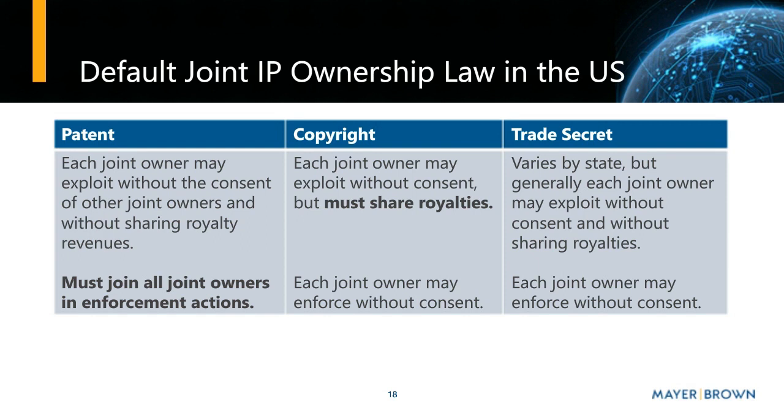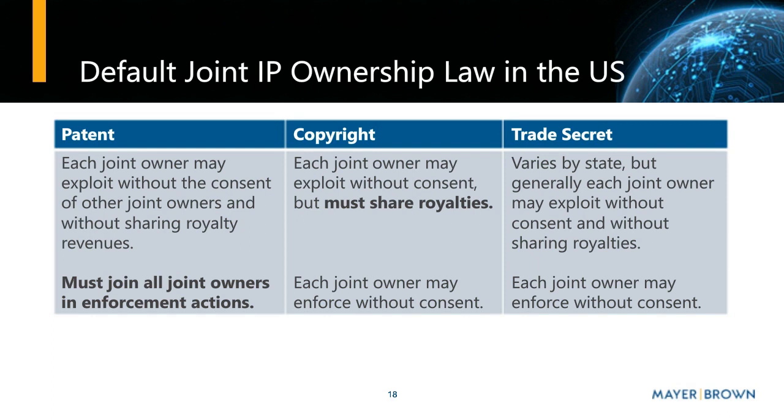Exploiting a patent includes licensing the patents to third parties. So under this default rule, a savvy prospective patent licensee can encourage the joint owners to engage in a royalty price war and ultimately drive down the value of the jointly owned patent. The default rule for enforcing a jointly owned patent is also fraught with pitfalls for the unmarried.